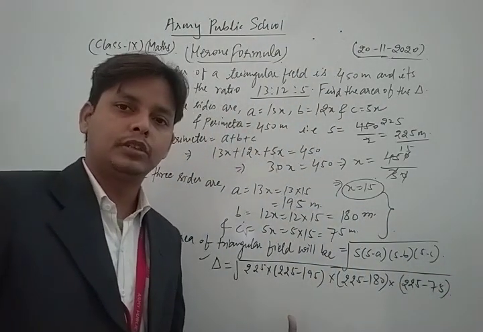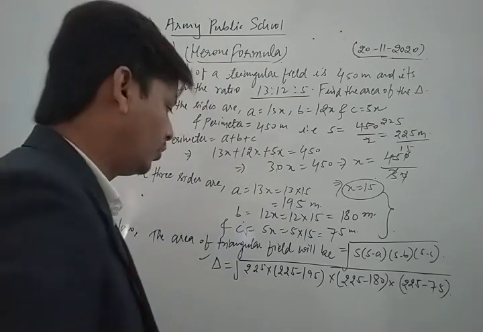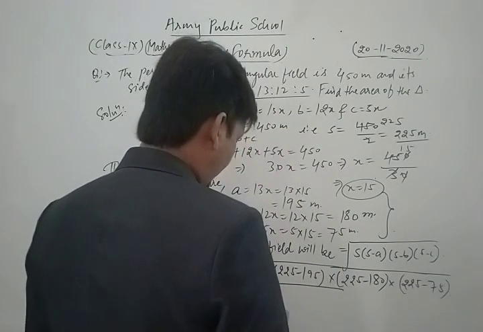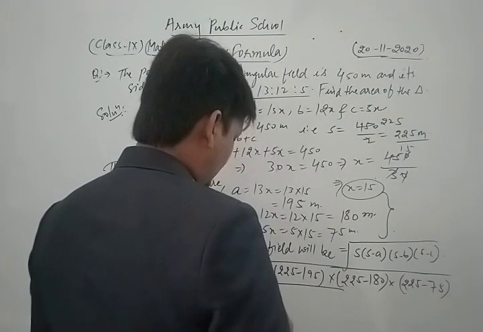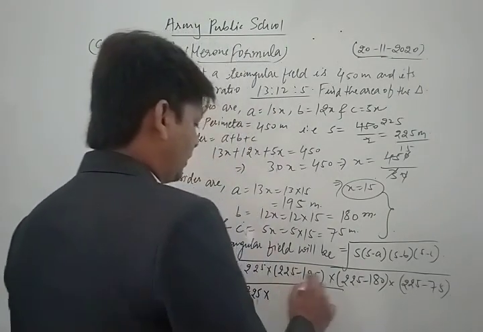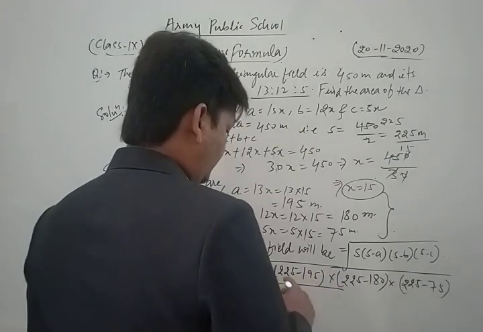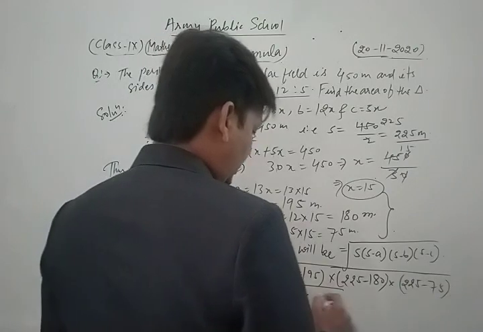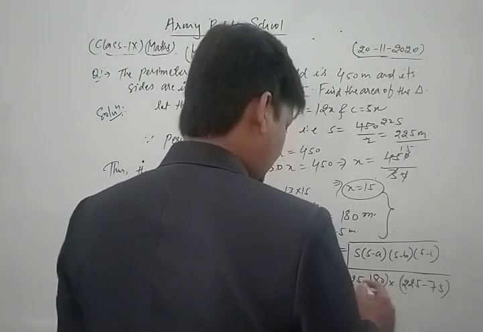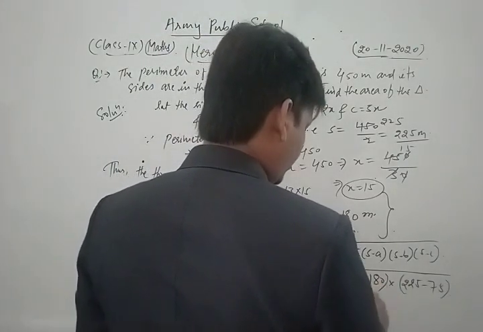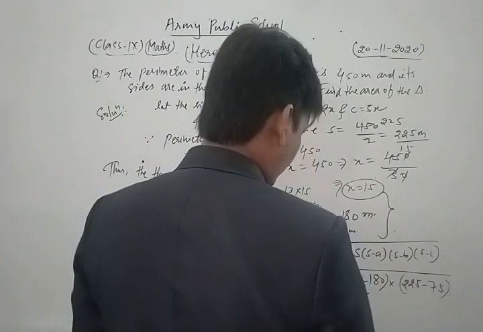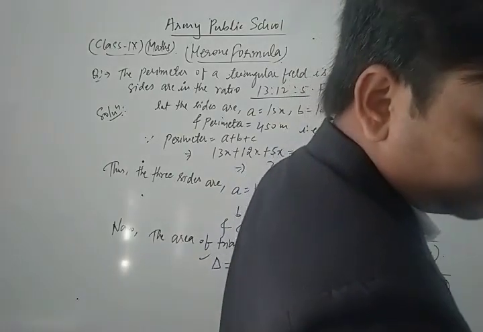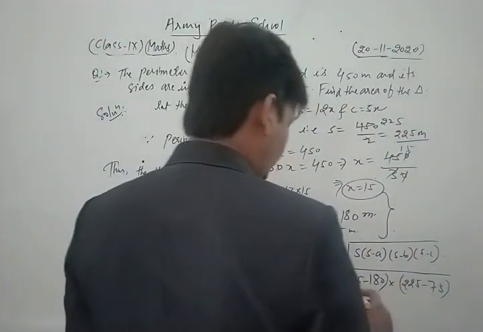Now we put all the values in Heron's formula and simplify them. Let's see. This is 225 as it is, into 225 minus 195, we get 30, into 225 minus 180, which is 45, and 225 minus 75, which is 150.